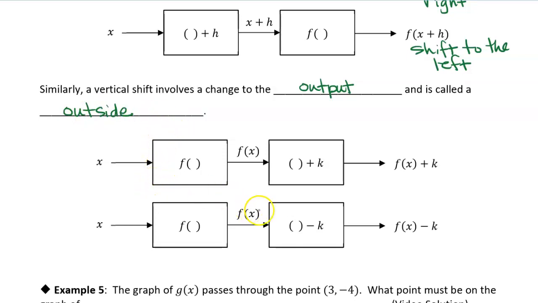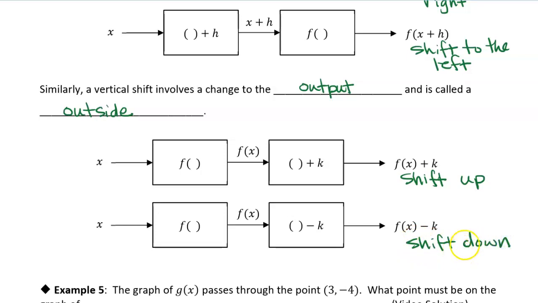If we take the output of that function and add a constant to it, it's going to shift up. This is a shift up if k is positive. And if we take the output of a function and subtract from it, then it's going to shift it down.